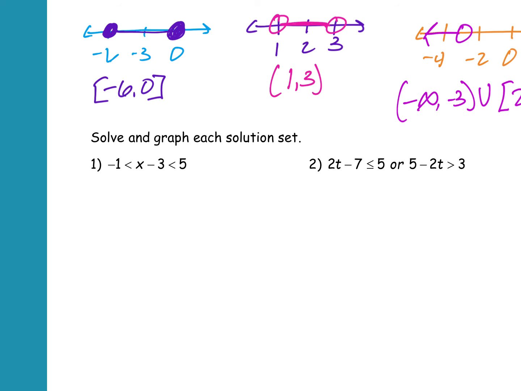Okay, so you can write it as 2 separate equations if you can't see it. So I'm going to go ahead and write this as 2 separate equations. -1 is less than x minus 3, and then x minus 3 is less than 5. Okay? So what do I need to do to solve?